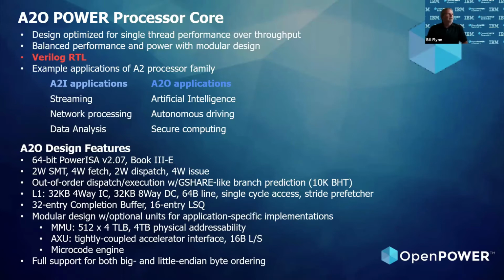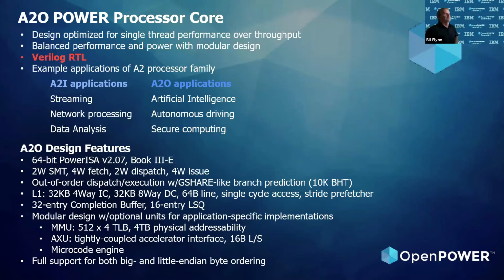So a small step forward, but still Book III-E. Two-way SMT, four-way fetch, two-way dispatch, and four-way issue, out of order dispatch execution, and G-share branch prediction.